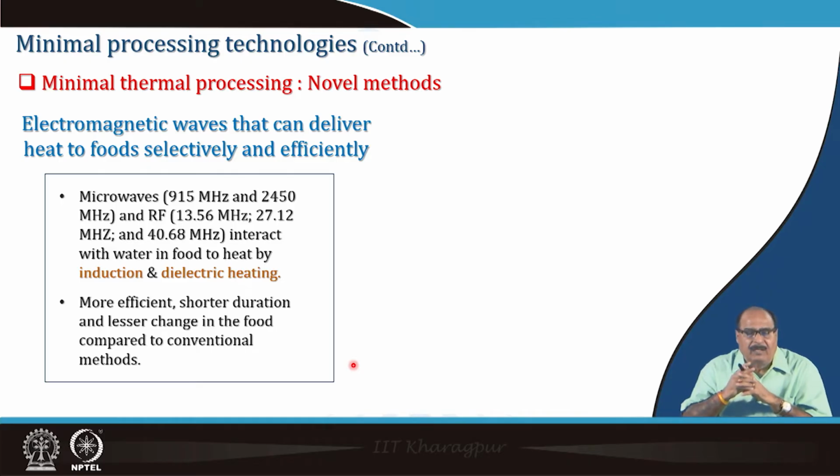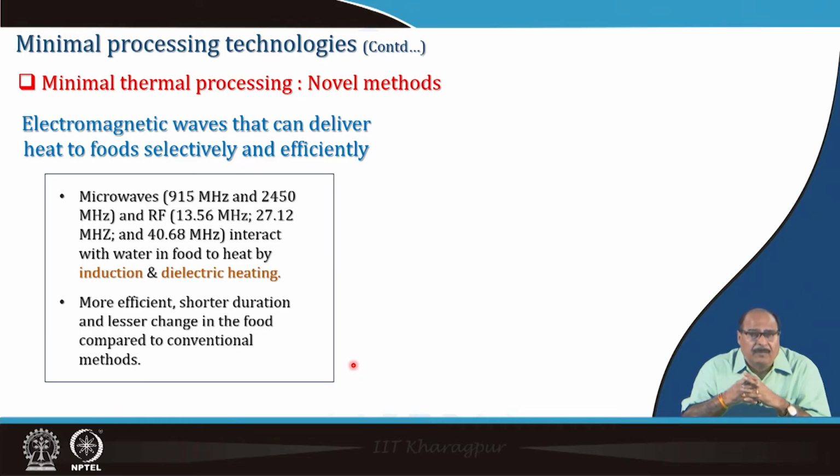So, even the novel methods, as we saw, electromagnetic waves can deliver heat to food selectively and effectively, like microwaves or radio frequency waves. They interact with the water in the food to heat it by induction or by dielectric heating. These are volumetric heating, internal heating, so the problems of movement and thermal conductivity are not there. So, the material gets heated volumetrically and the destruction of nutrients, etc., is less.